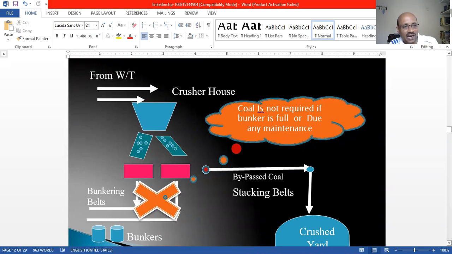On one side, we bypass some coal to the crushed yard. Some of the very big pieces cannot be handled at the crusher in the bunkers, so those will be carried by the bypass coal stacking belts.